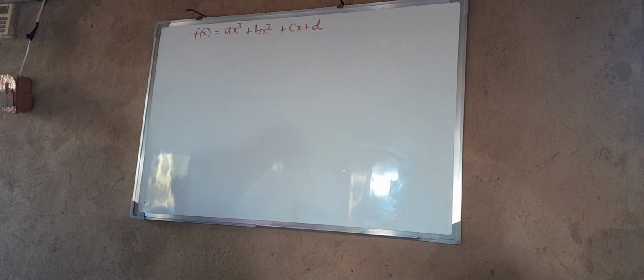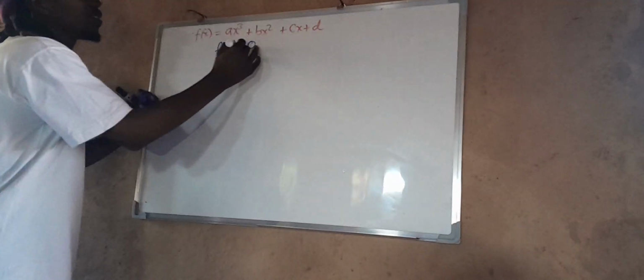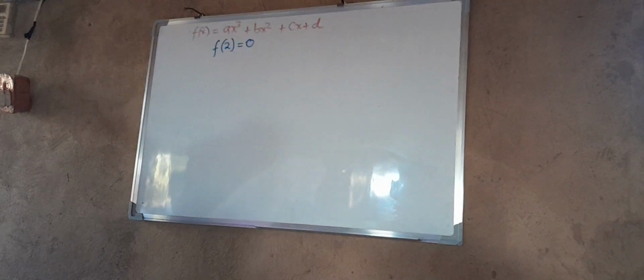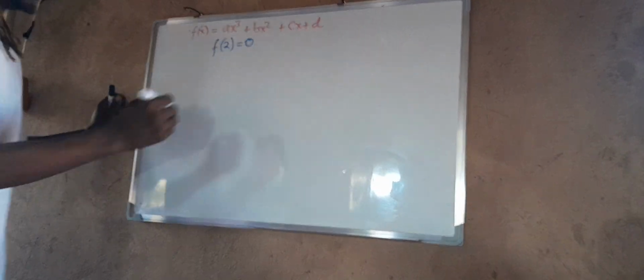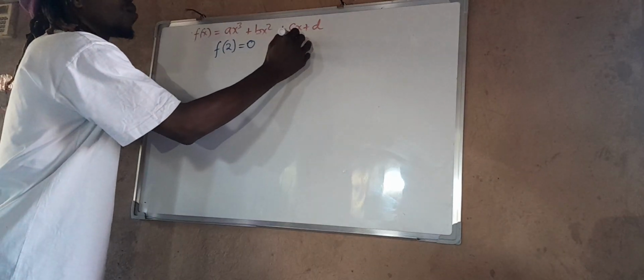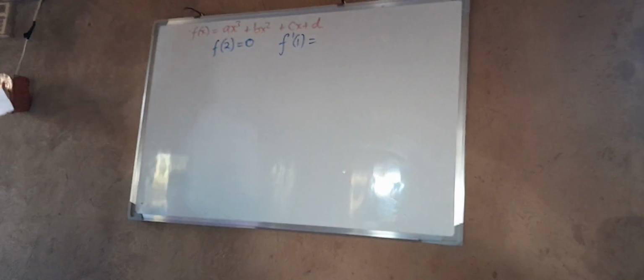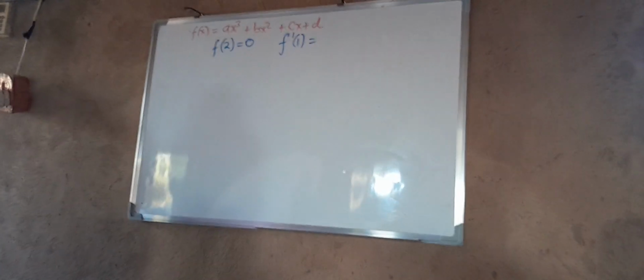Okay, so we are given that, and they say we must calculate the value of A, B, C, and D, right? And they gave us that f at 2 is equal to 0, and f at 1 is equal to 0.